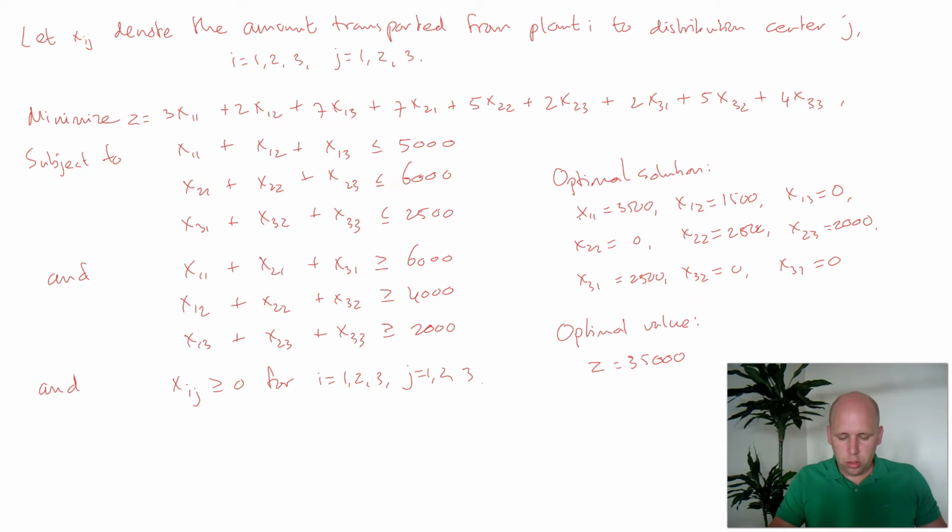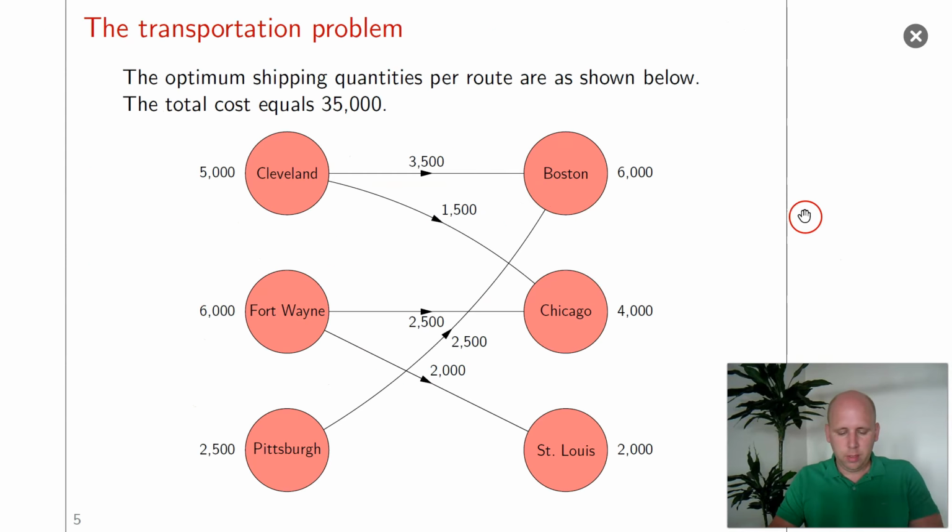We can also make a corresponding graph that also makes clear how much we ship from the plants to the distribution centers. So in this figure we have left out the zeros, and we indicate how much we ship from each plant to each distribution center. So this is a good graphical representation of the optimal solution.